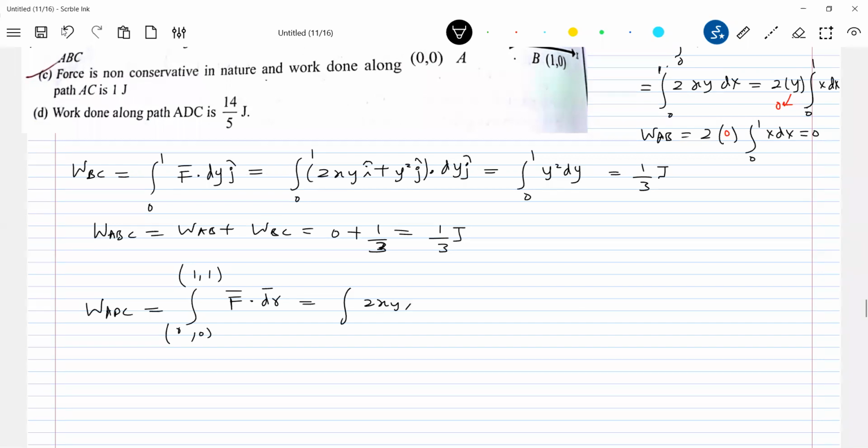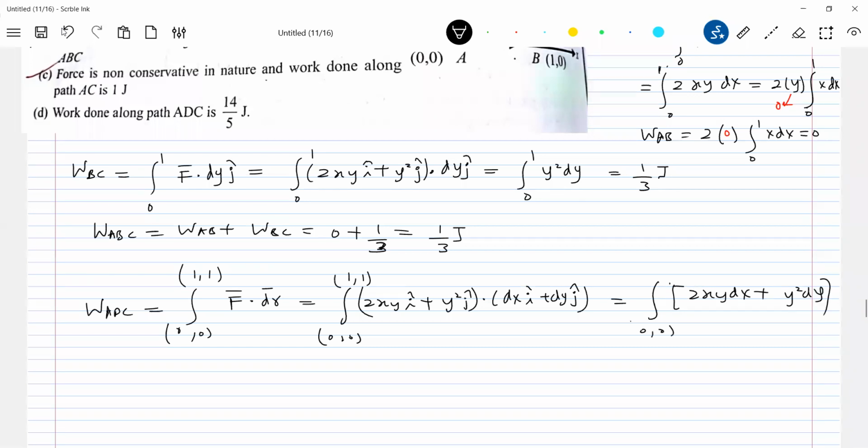So this will be 2xy i cap. No, 0, 0 to 1, 1. We know what the path is. So let me write 2xy dx plus y square dy. How are you going to substitute?